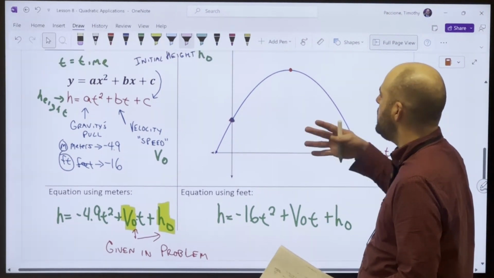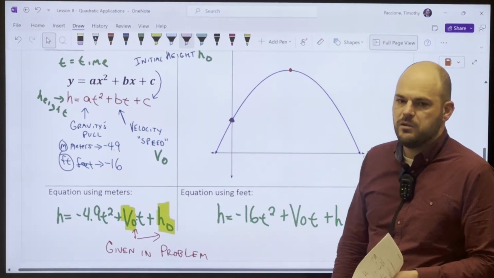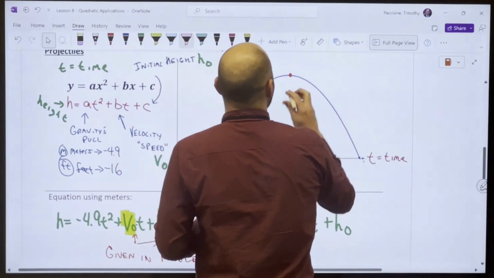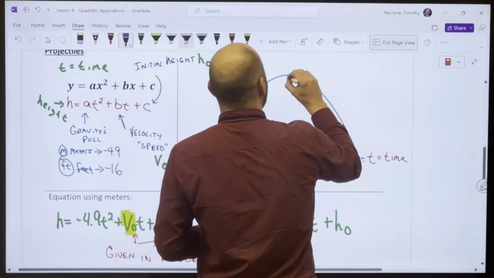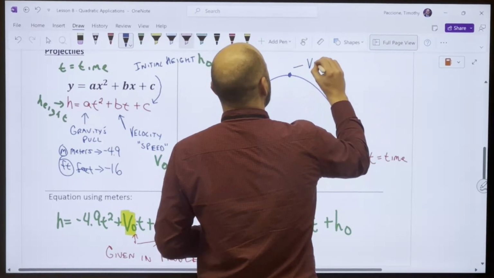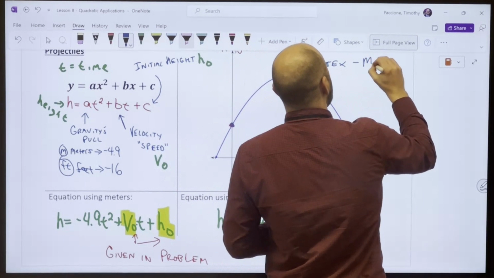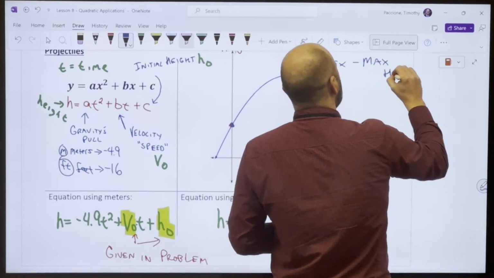So what do you think we might be able to find with our knowledge of parabolas? The vertex. Why would our vertex be a good thing to find? Yes, this is the maximum height. This is our max height.